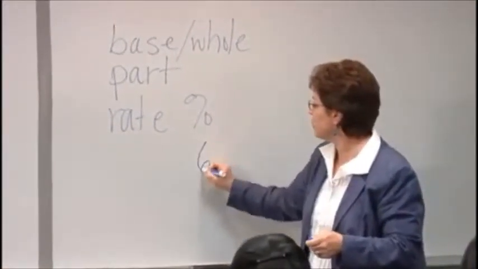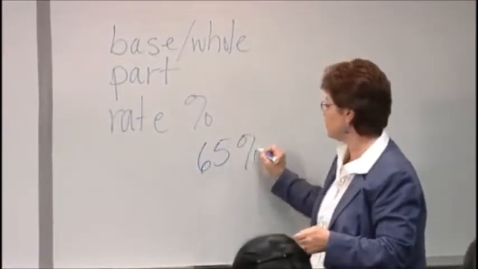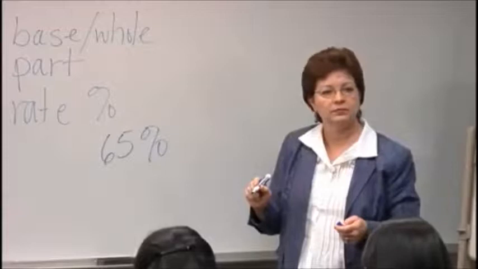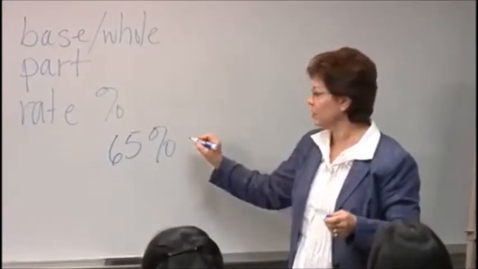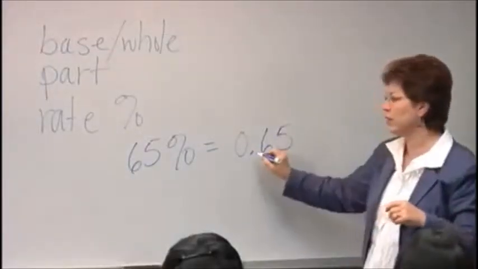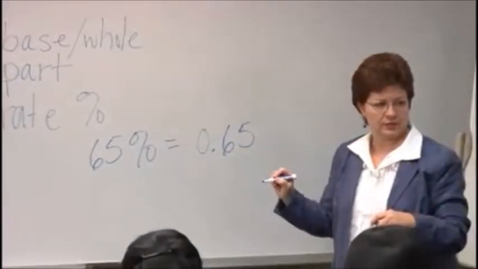How do we do that? If we have the percent 65%, how do we express that as a decimal? Raise your hand. Pinta? Yeah, we need to move the decimal. So that's going to be 0.65. Right. And how did you know where to put that decimal point?